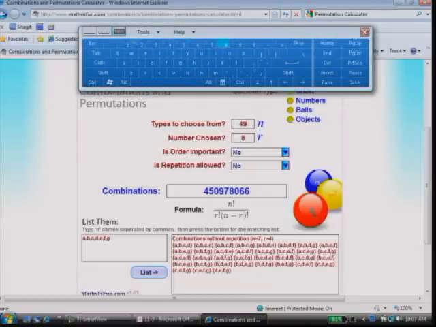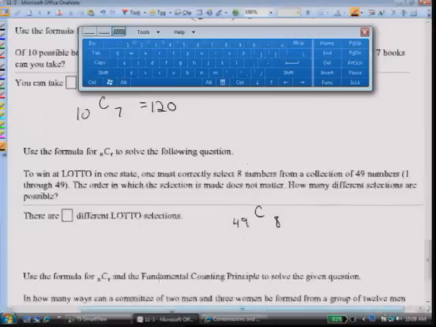And so there it's still a lot. 450,978,066. So pretty unlikely if you just buy one ticket that you're going to get that. So we've got 450,978,066 different combinations.